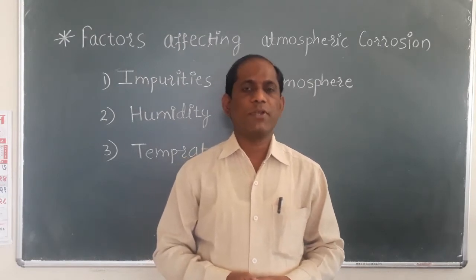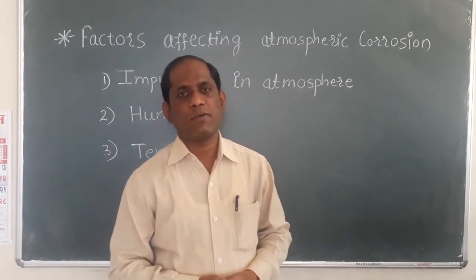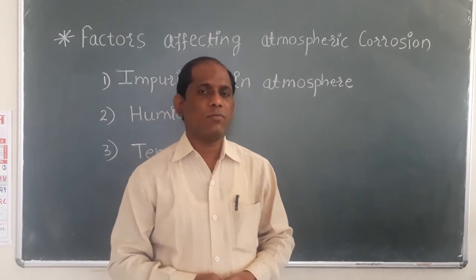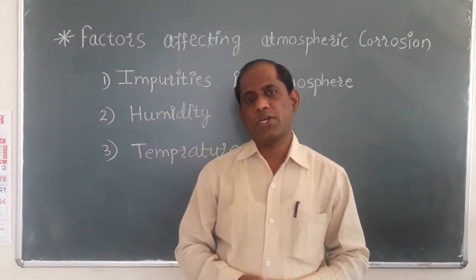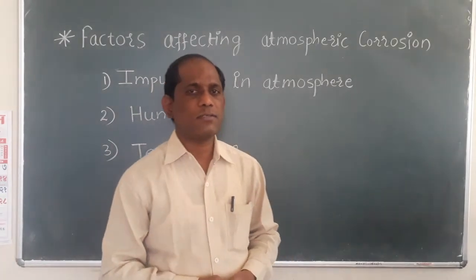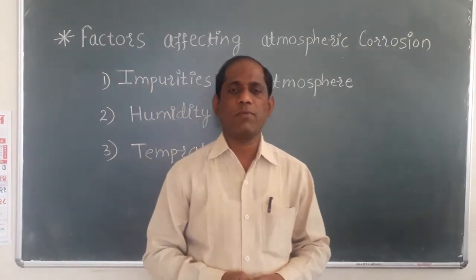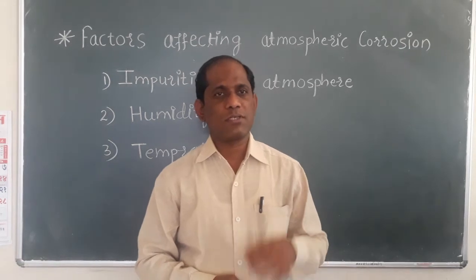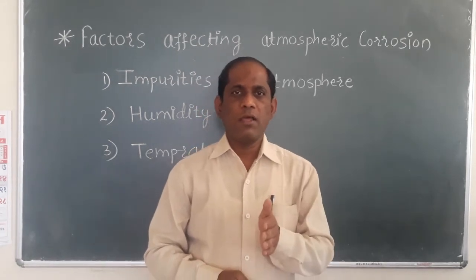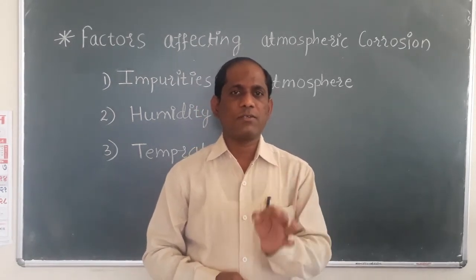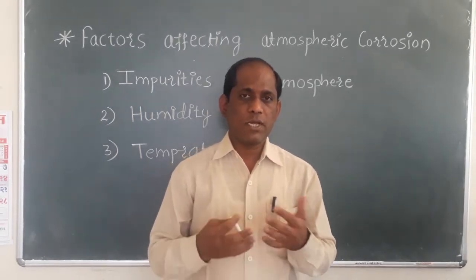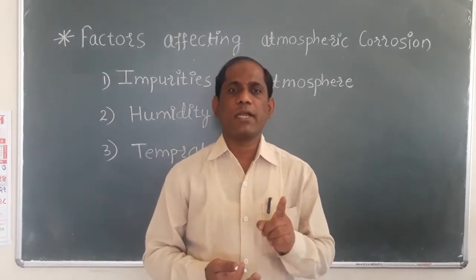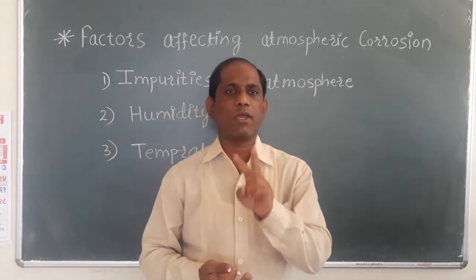So in today's video lecture, students, we will study the factors that affect atmospheric corrosion. In one of the previous video lectures we studied the factors that affect the rate of electrochemical corrosion, so that point was different. Today we study the factors affecting atmospheric corrosion, because we know that there are two types of corrosion: number one, atmospheric corrosion, and number two, electrochemical corrosion.